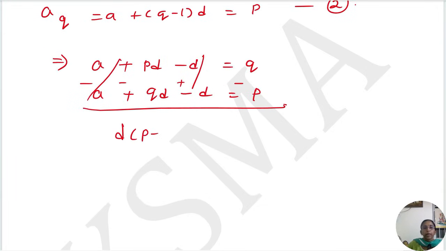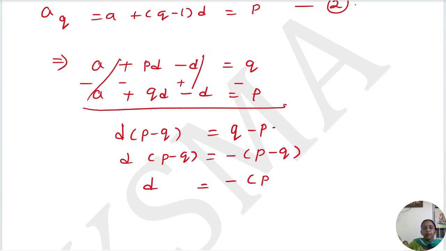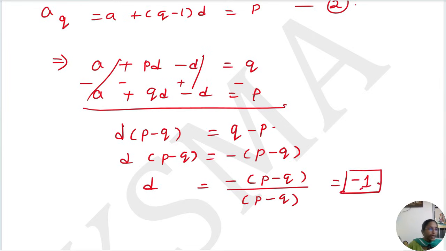So this is (p minus q) d, which is equal to Q minus P. Now if you take minus outside, this is again P minus Q. So d is equal to minus of (p minus q) divided by (p minus q). So our answer will be minus 1 for d.